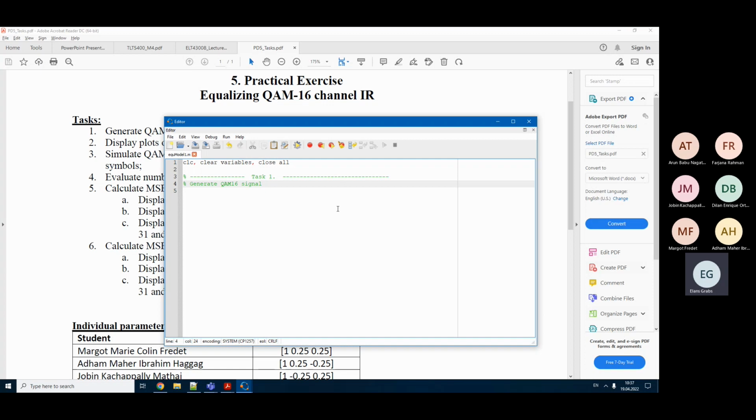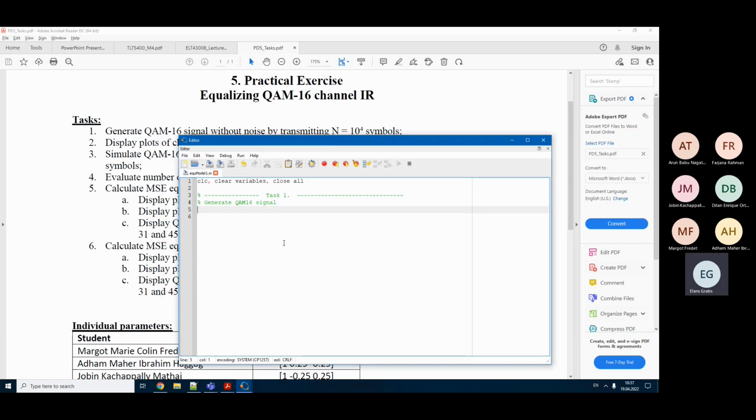This practical exercise is dedicated to equalizers rather than the channel itself or the modulation. So we need to generate 10 to the power of 4 symbols. Let us specify this number at once. This is the number of transmitted symbols.